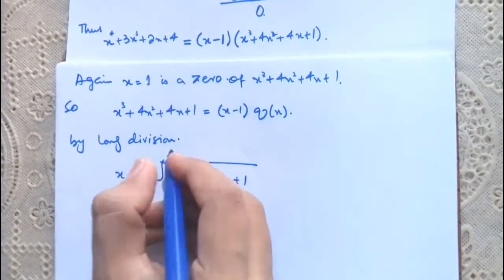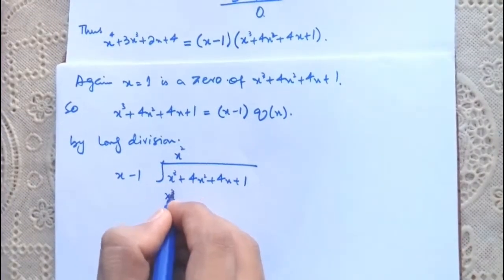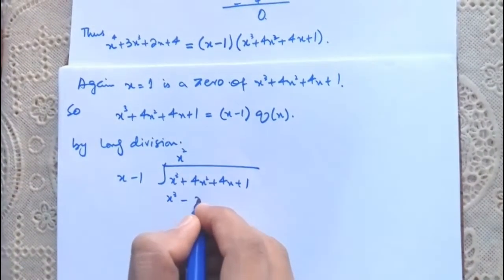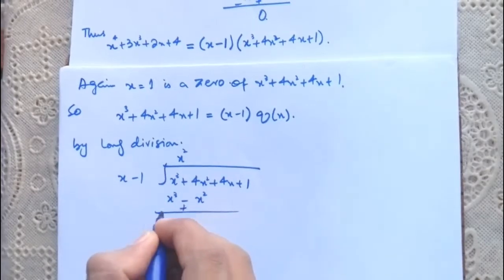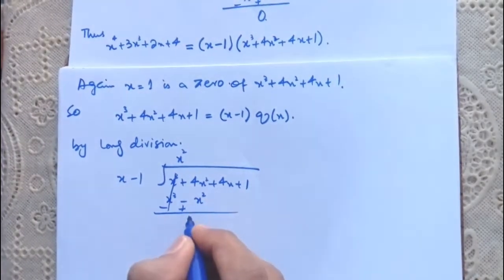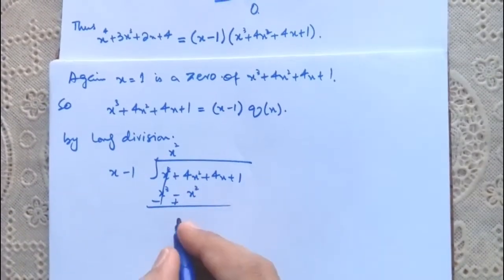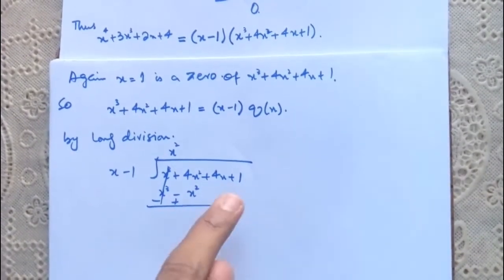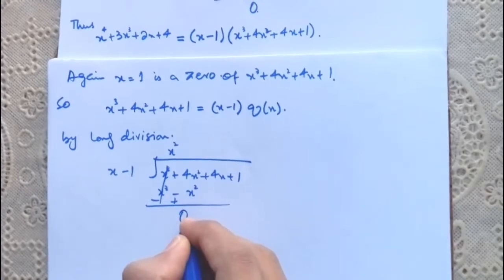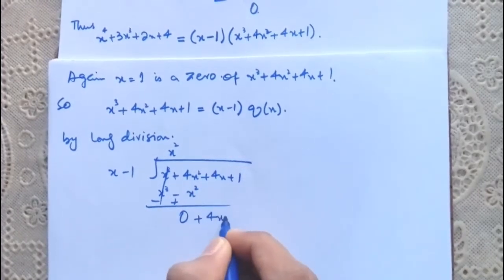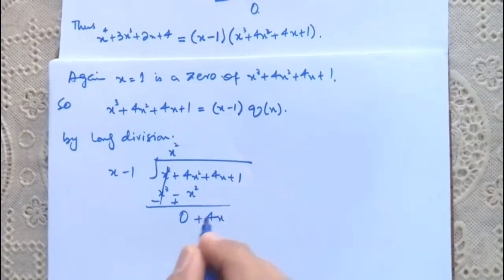If we multiply this factor by x^2, we get x^3 - x^2, and then 5x^2, which means 0x^2, because 5 in Z5 is equal to 0, and +4x, we write this term here.